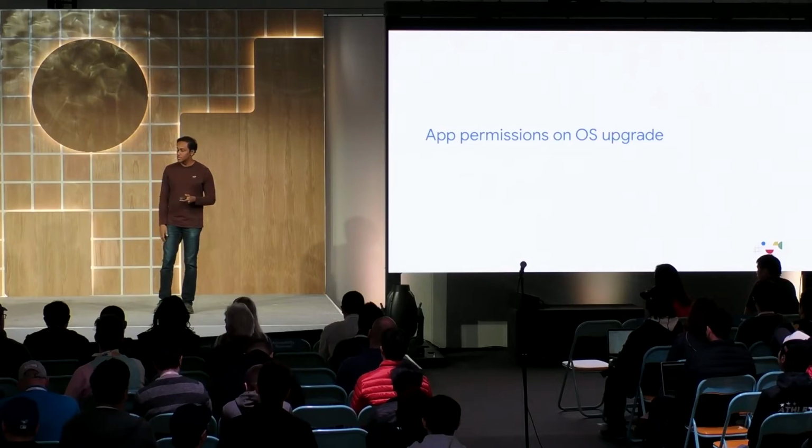In other words, if an app had location permission in Android Pie, the app would be able to access the user's device location in the foreground and in the background even after the device upgrade. We chose to retain location permissions for apps on OS upgrade so that the user experiences do not break and the apps or the features in the apps continue to work as intended.